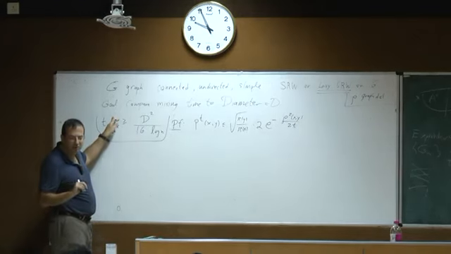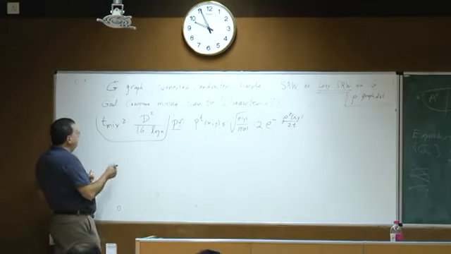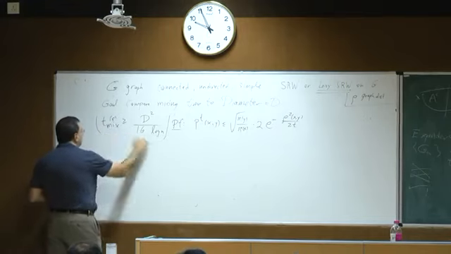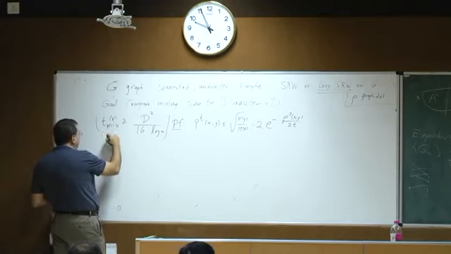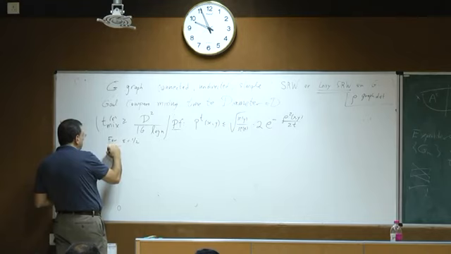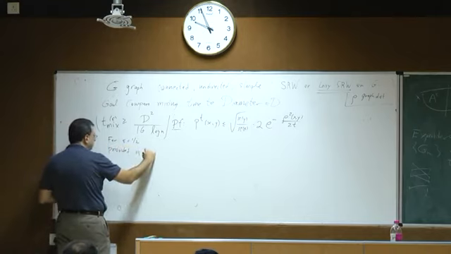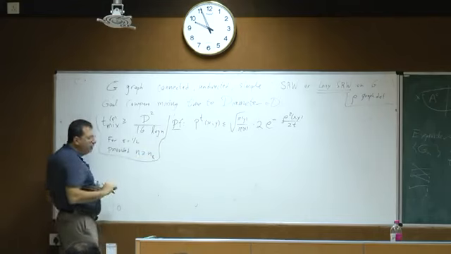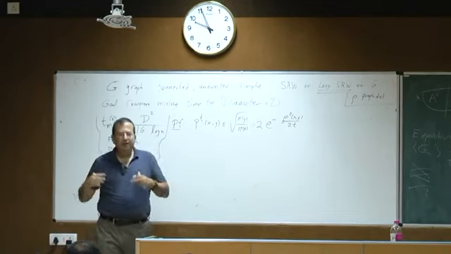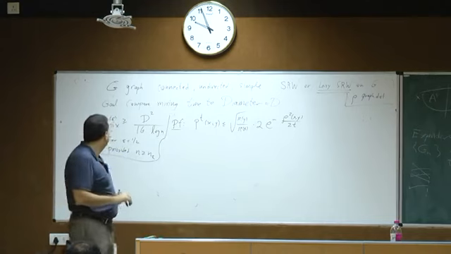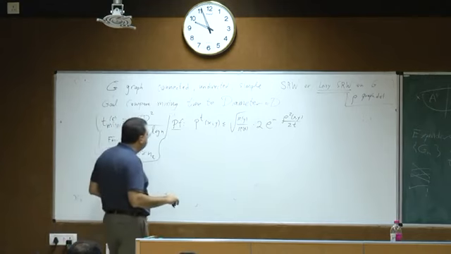This was a convention, but let's be more precise. This is true for epsilon strictly less than a half, provided n is large enough, bigger than some n sub epsilon. So this is more precise.